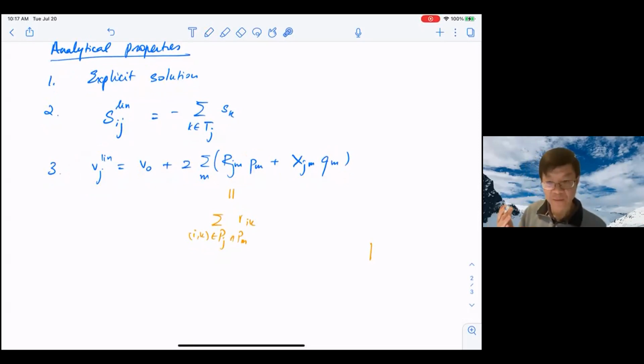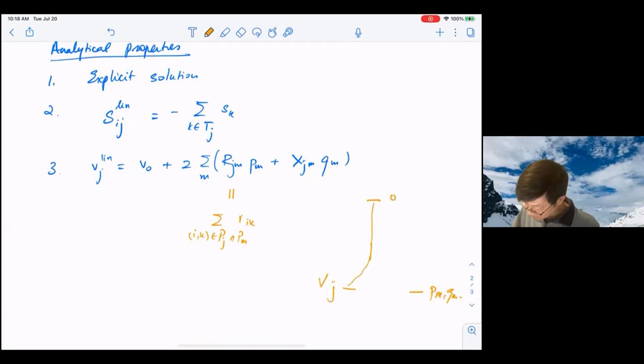What is the dependence? Well, you look at the node j where you want to compute V_j, and you look at a node m, where it depends on the P_m and Q_m. Okay, so this is the substation bus zero. There's a unique path from 0 to j.